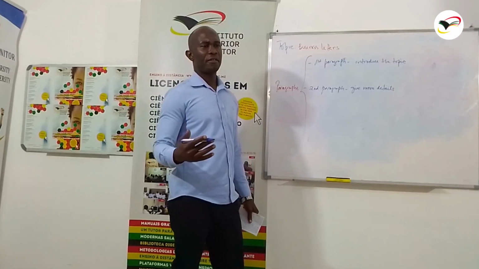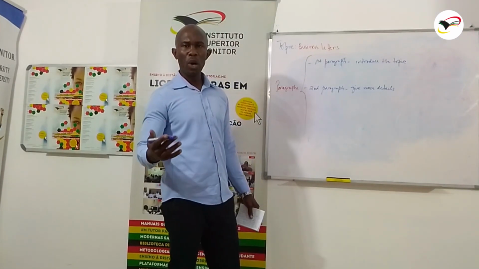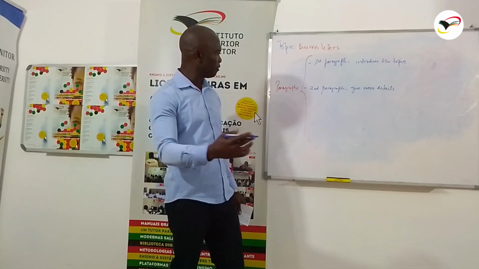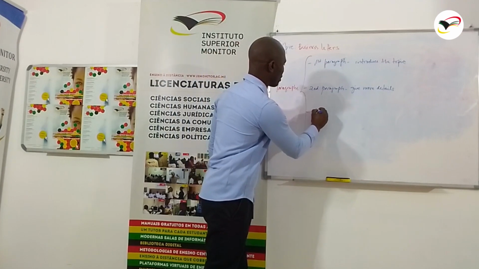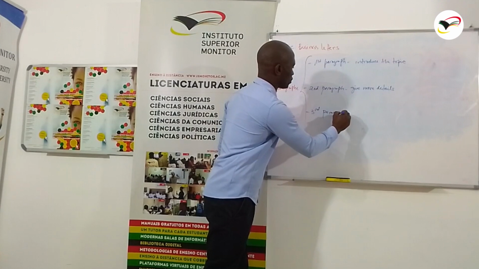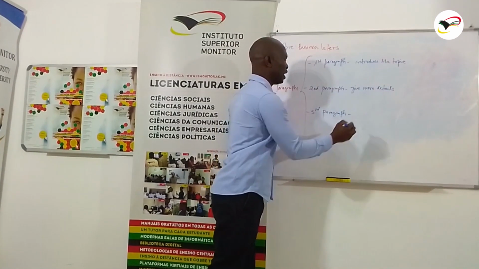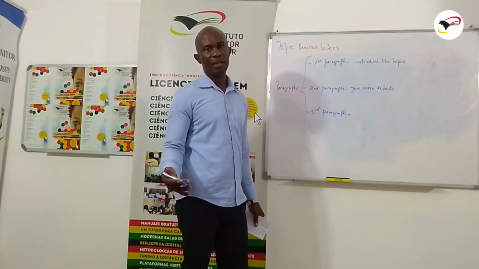And if we have more reasons, if we have more information to give, then we provide it in the following paragraph. If there are more details, we can provide them in the third paragraph.